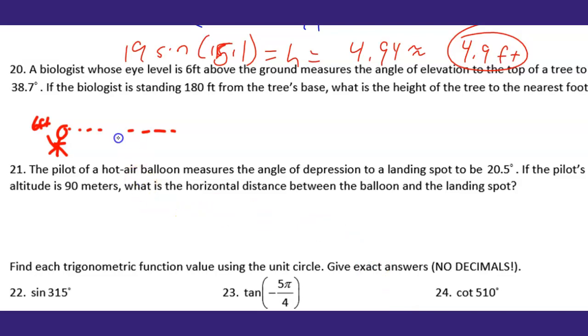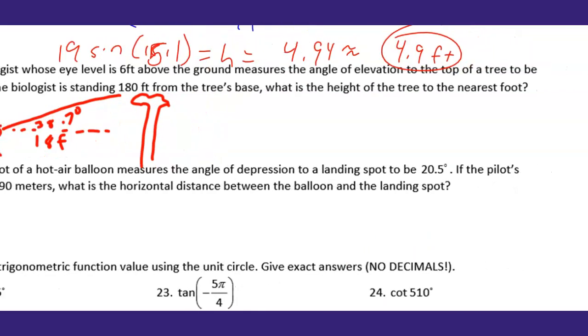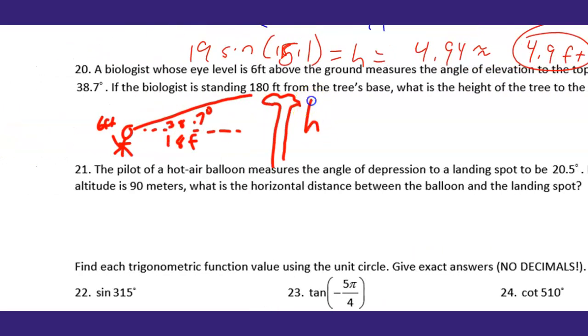So here's where he's looking. The angle of elevation to the top of this tree is 38.7 degrees. If the biologist is standing 180 feet from the base of the tree, what is the height of the tree to the nearest foot? So we just got to find h.